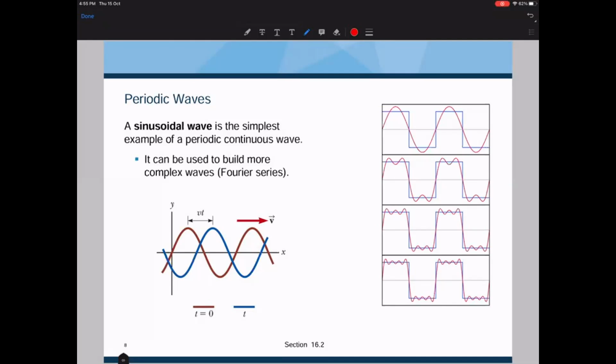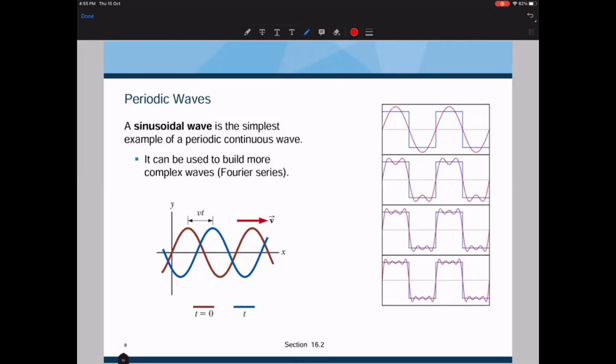However, according to some mathematics, if you try to type in Google "Fourier series", you will see that all kinds of periodic waves can be represented as a sum of various sinusoidal waves.